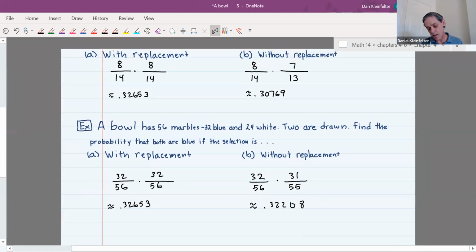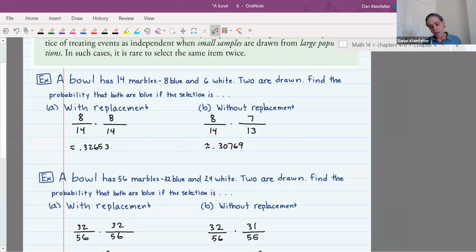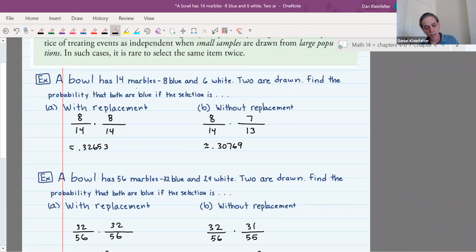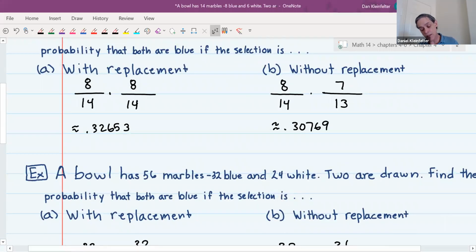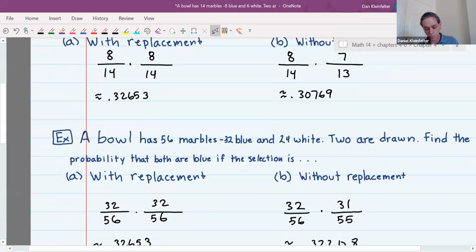So we saw with the smaller population, 14 total marbles, that switching from with replacement to without replacement had about a 2% difference in probabilities of getting both blue. It went down from 0.326 and change to 0.307 and change, about a 0.02 difference.